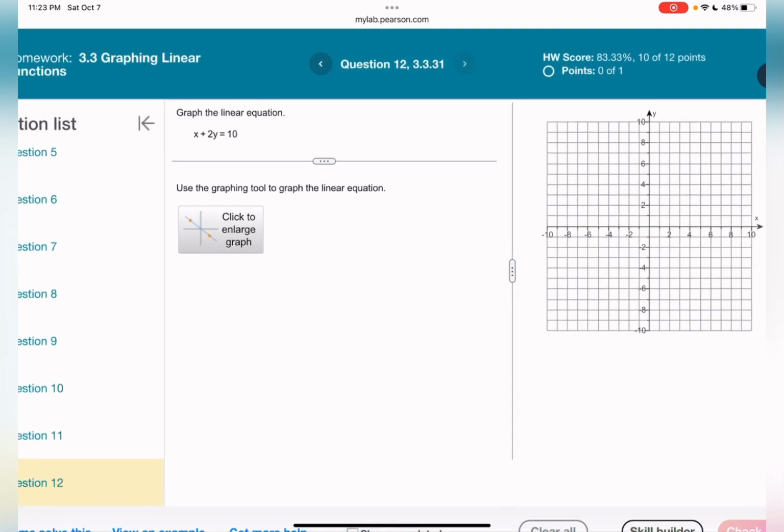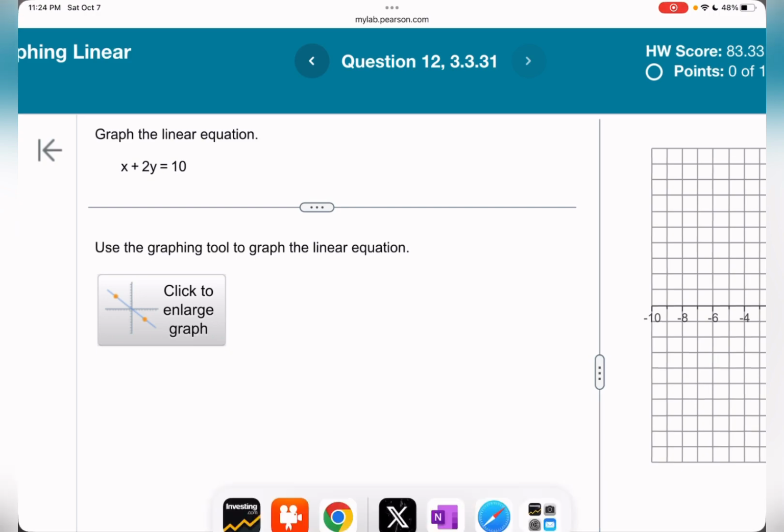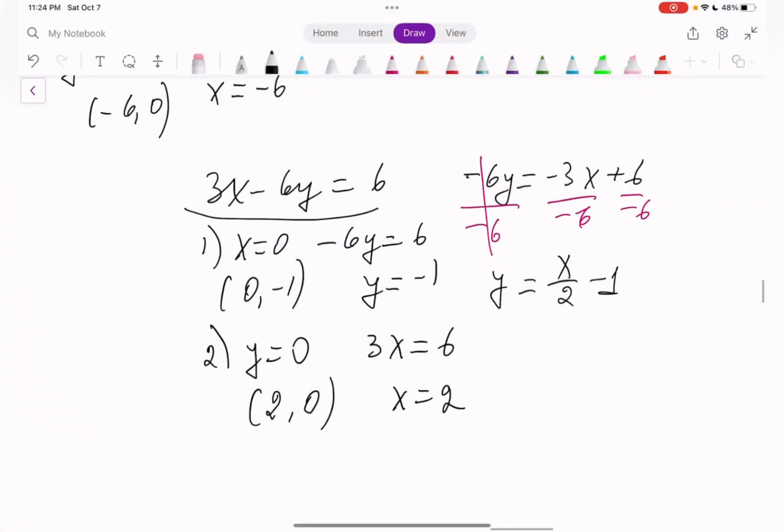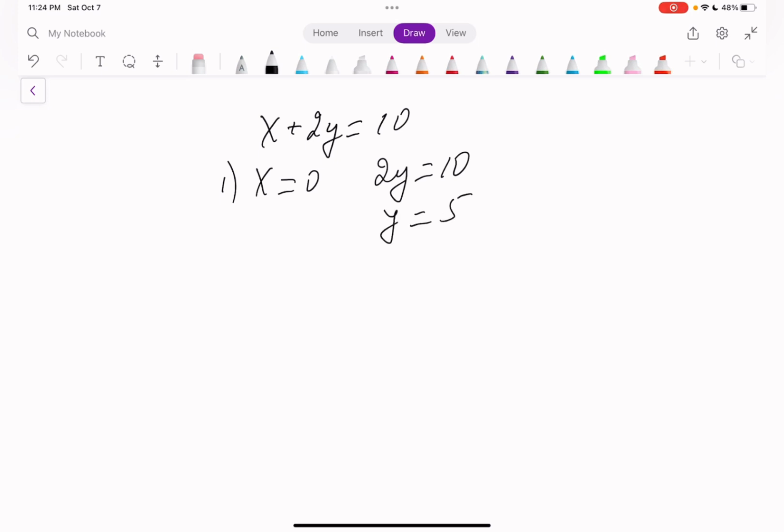And number 12, x plus 2y equals 10. Okay. So x is equal 0, 2y is equal 10, y is equal 5. So 0, 5.